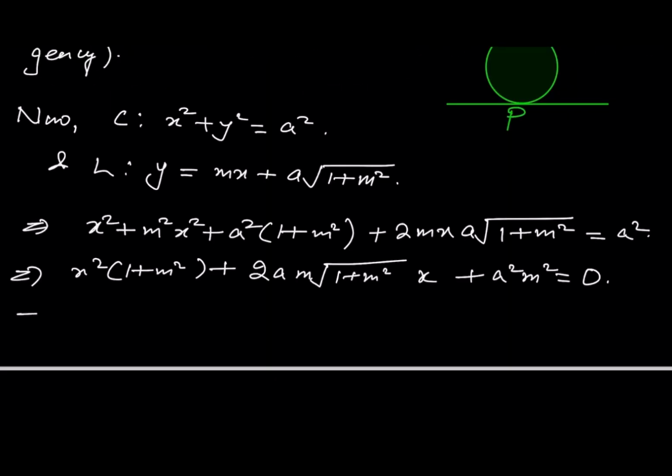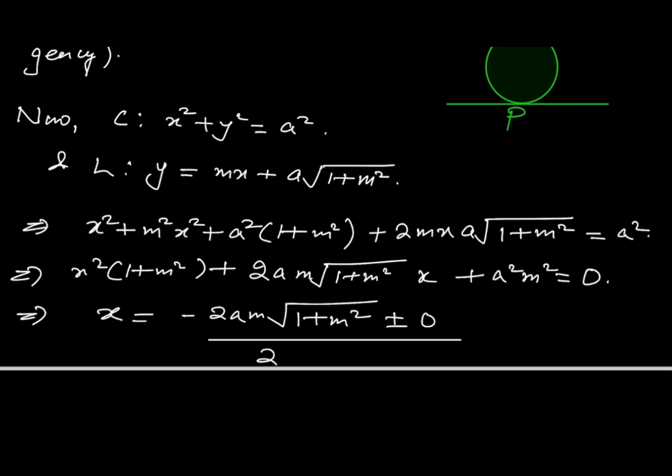By using Shridharacharya's formula, x is minus b plus minus root over D upon 2a, and in this case D is 0 as the line is touching the circle, so plus minus 0 upon 2 times 1 plus m square.